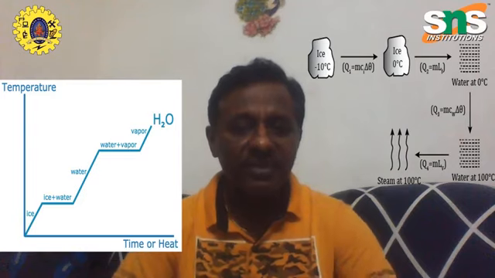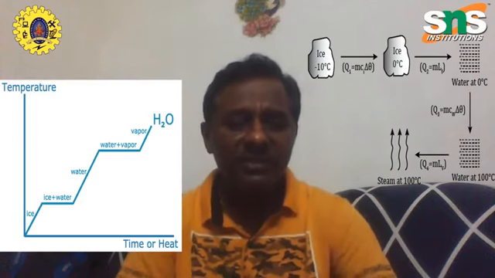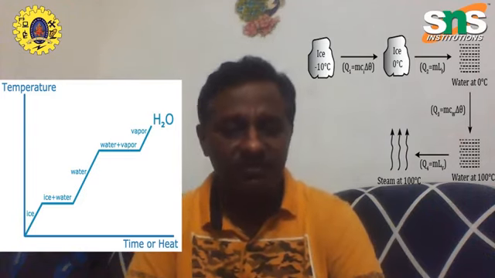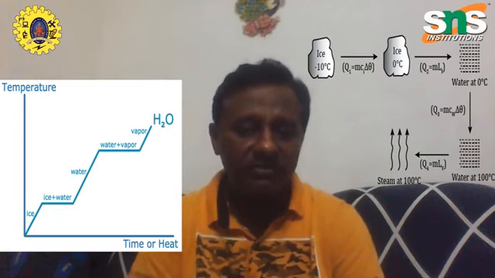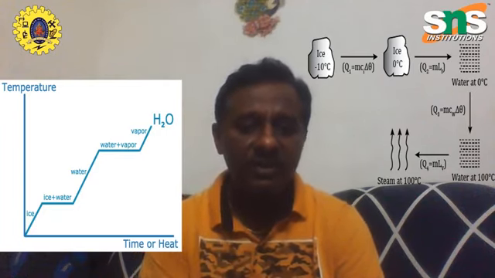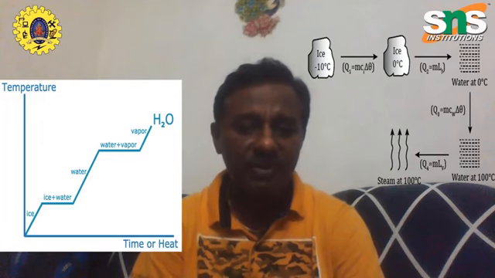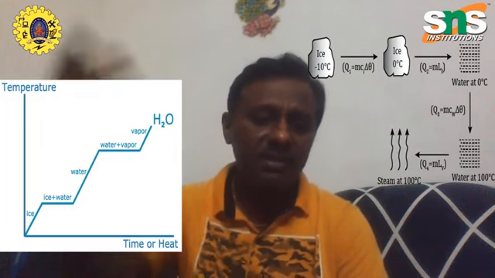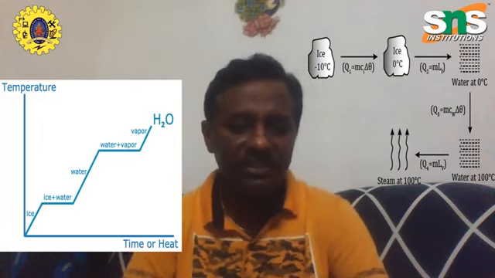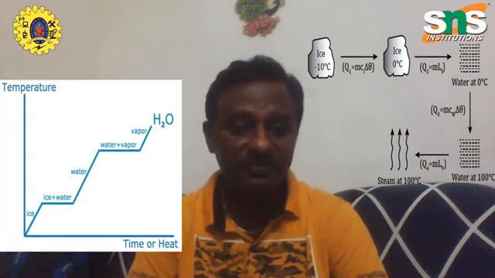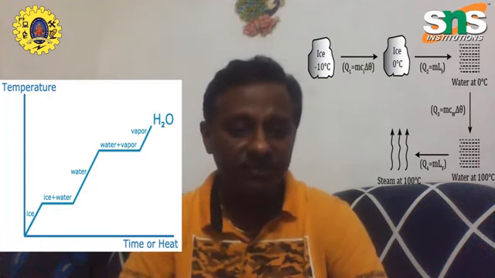What are the different types of steam? So here we have wet steam and dry steam. Further it is classified into super saturated or superheated steam. What is wet steam?